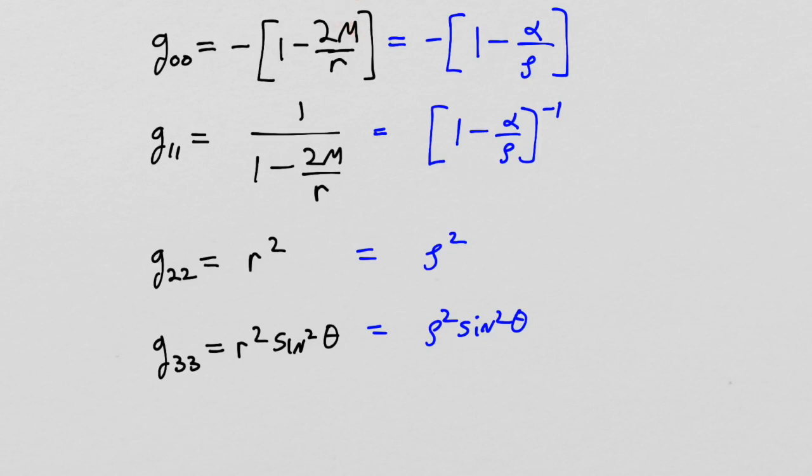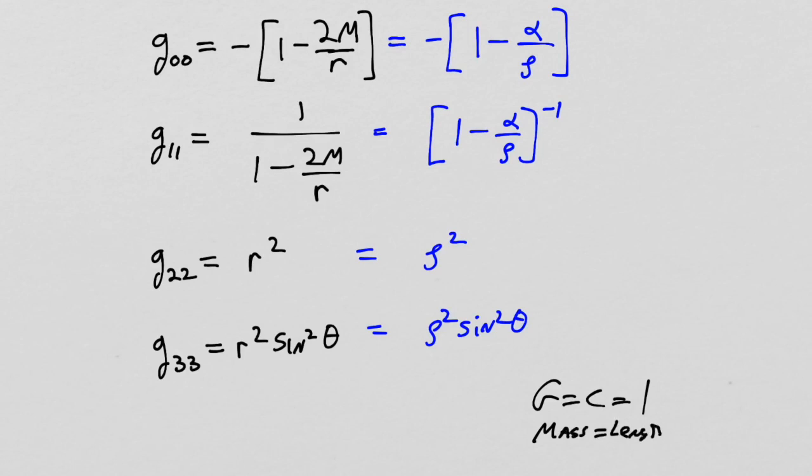So m will ultimately end up being the mass of the star that we're dealing with, but it shows up in the numerator of these things as 2m all the time, and that ends up being something called the Schwarzschild radius. Remember, in the units we're using, G equals c equals 1, mass is in units of length, right?